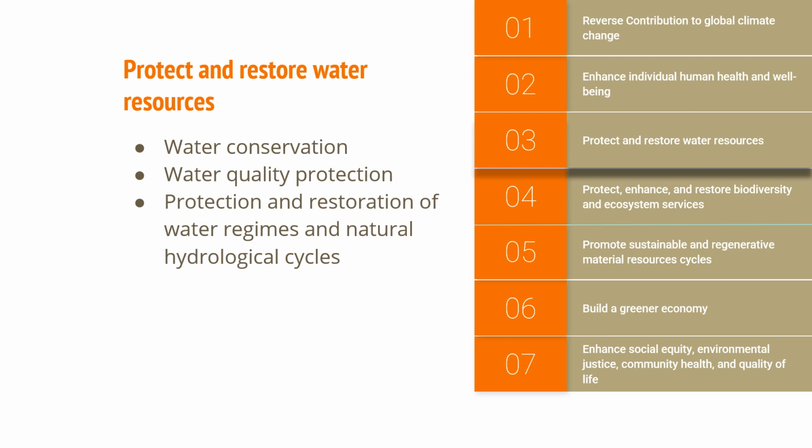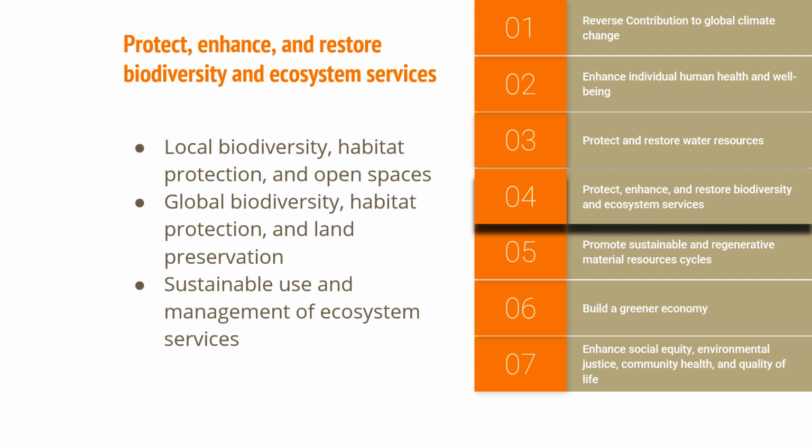But as we move on to number 4, we'll be going over protecting, enhancing, and restoring biodiversity and services to the ecosystem. Basically, we're looking at ensuring that all the organisms, be they plants or animals, have the space needed to continue to populate and grow, and that we aren't destroying their only habitats through creating space for our own.